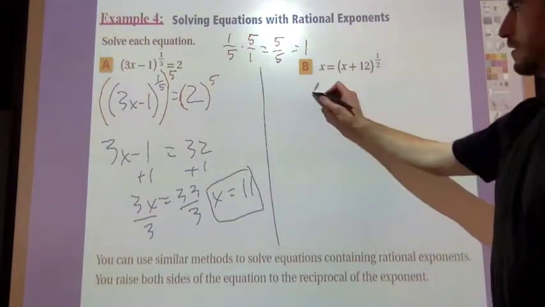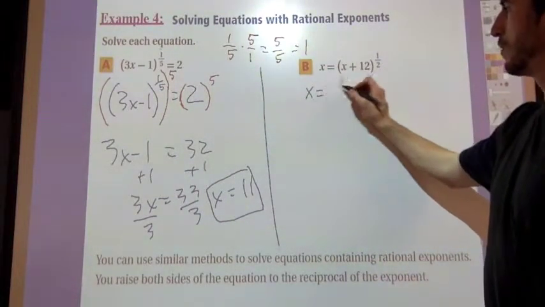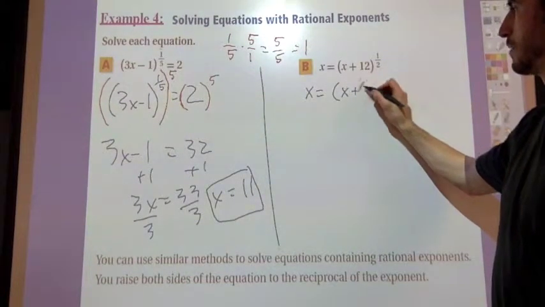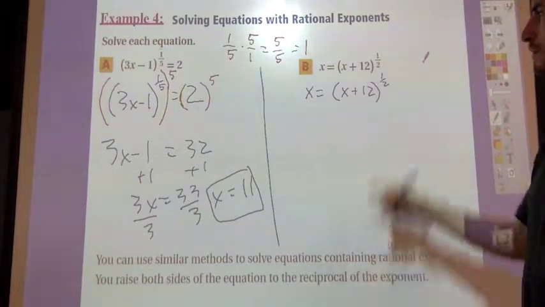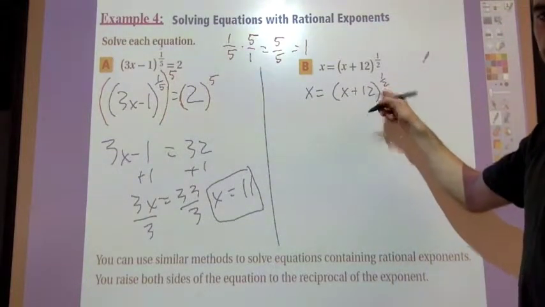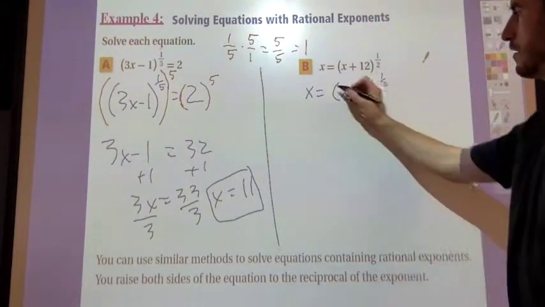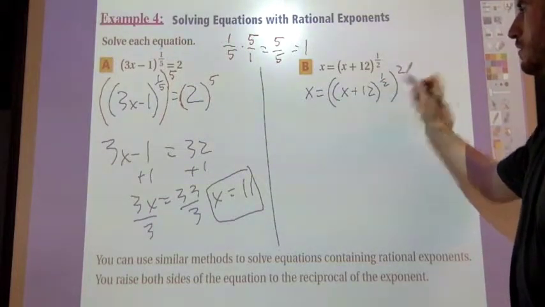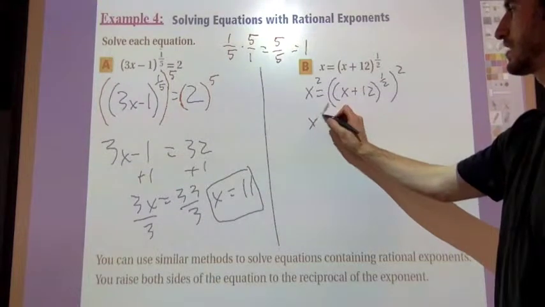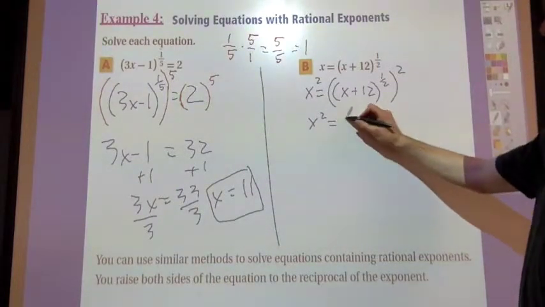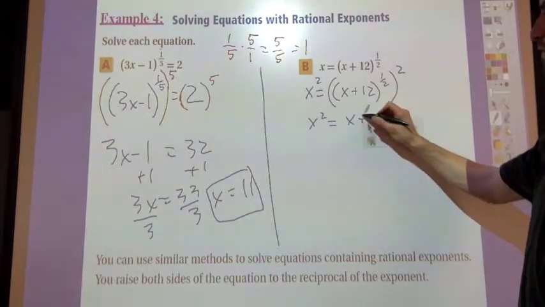Here, we've got x equals x plus 12 to the 1/2. This is raised to the 1/2, so what do we have to raise it to get rid of that? 2, okay? So I'm going to square both sides. Now I have x squared equals x plus 12.